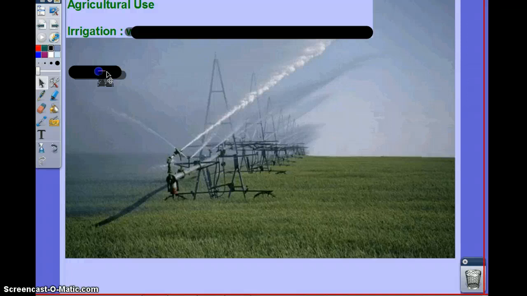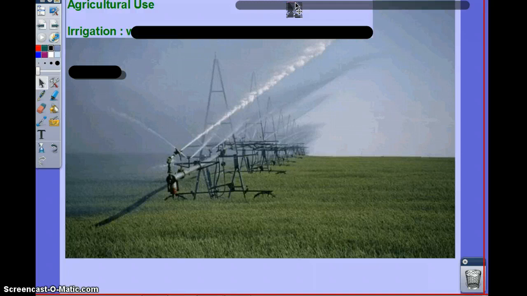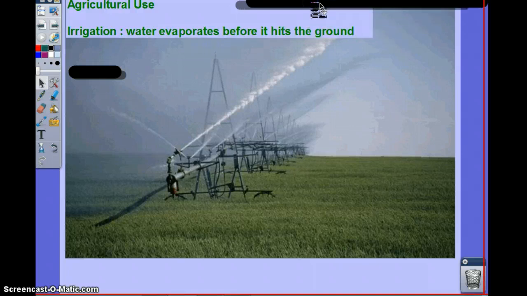Water, besides being overused for crops, actually evaporates before it even hits the ground. The irrigation systems are trying to target so much area of land that they shoot out far, and the heat causes the water to rise instead of coming down. So now they're even needing to use more water in order to hit the crops.